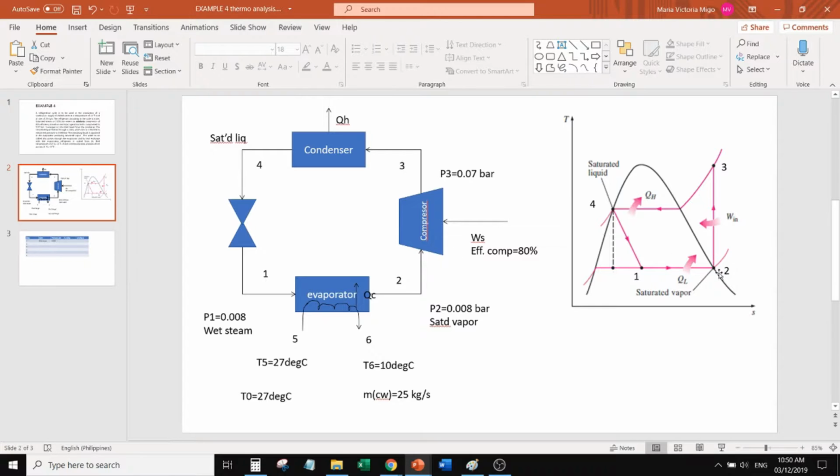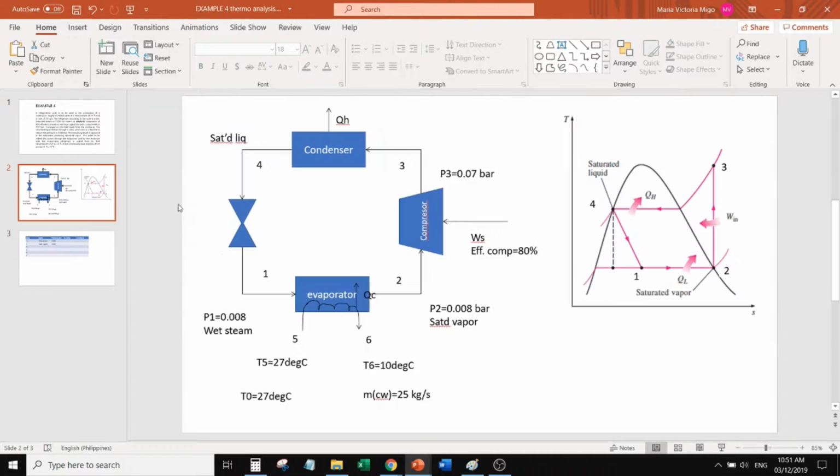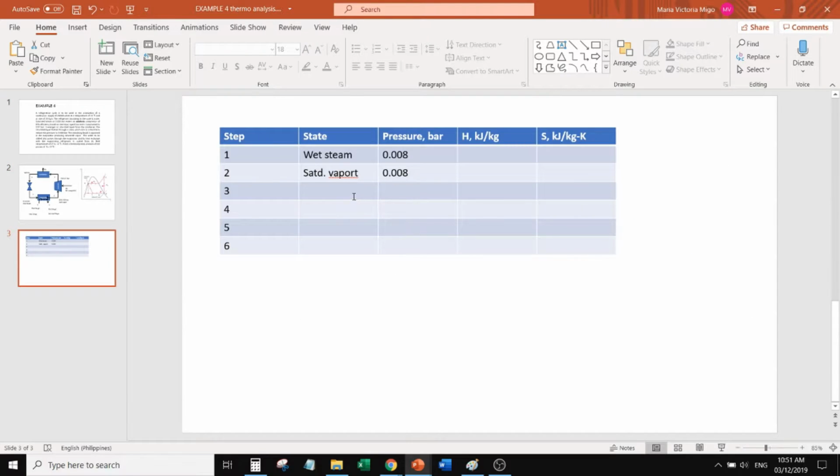Saturated vapor here at this point. So, saturated vapor at the same pressure, because it happens in the saturated region. So it has to be the same temperature and same pressure.